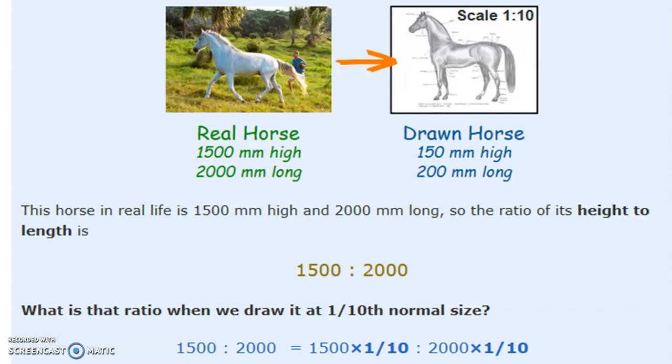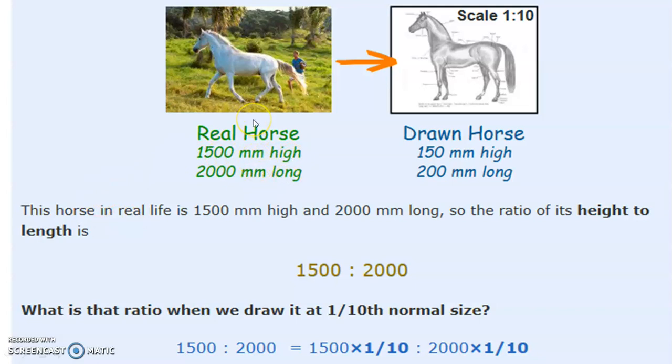exactly proportional. See here, if we have to draw this horse, in reality its height may be 1500 millimeter. Will we draw the same 1500 millimeter height horse in a small paper, in our exam paper? No. We have considered the ratios between height and length.